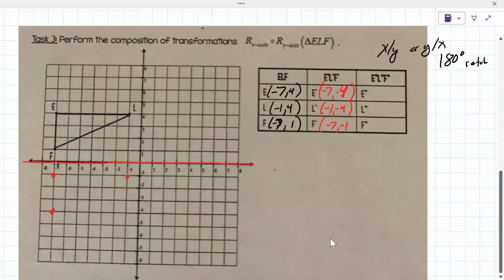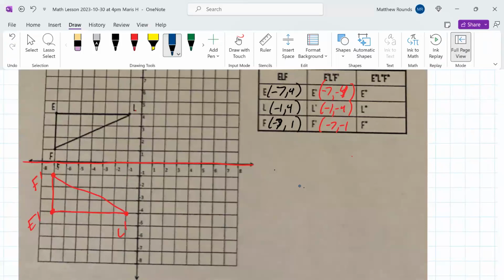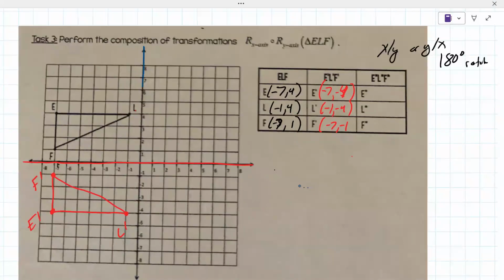Oh, yeah, I see it now. Then this point's in the wrong spot. I'm having so much trouble on this. So that's F prime, E prime, and L prime. I think it's easier to draw it first and then label the points. But I'll leave that up to you for the next one, how you proceed.